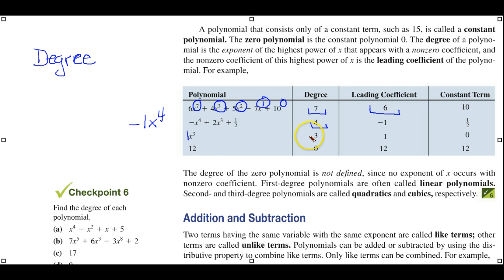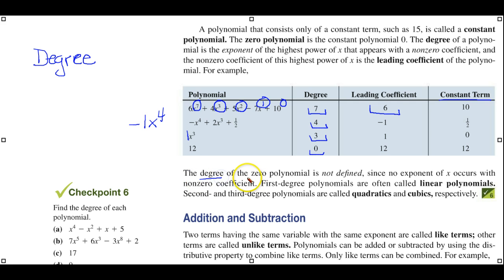Here it's 3. And since there is no variable, we say it's to the 0 degree. And the term without a letter we think of as the constant term. So you'll have some practice on this as well.